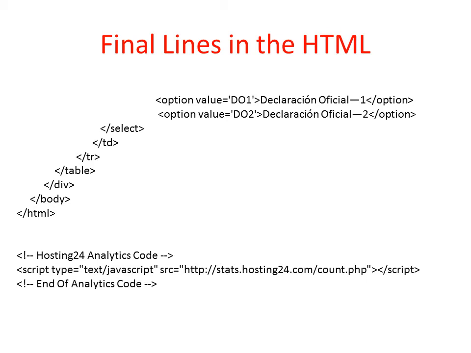The final lines in the HTML file look like this. These tables are closed, the divisions, and the body. We decided to use tables, although with CSS there is another way to do the styles and the organization of how the web page will look.